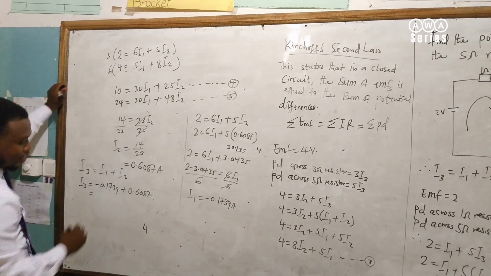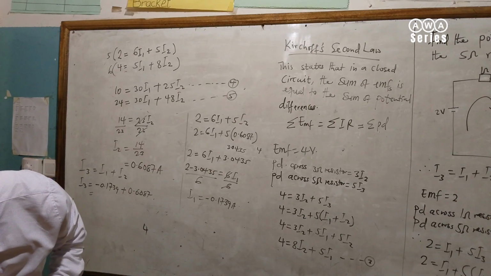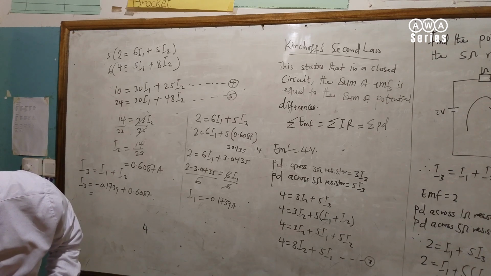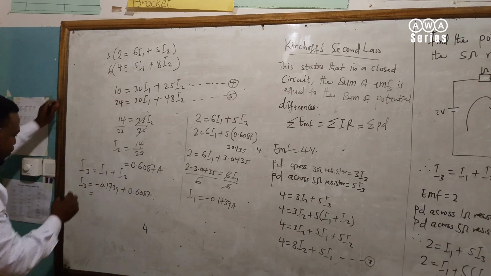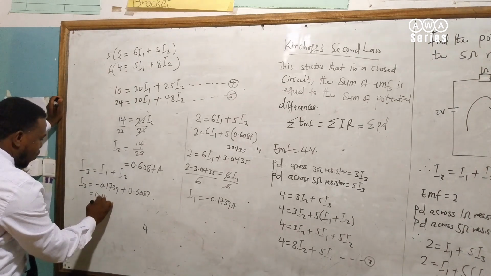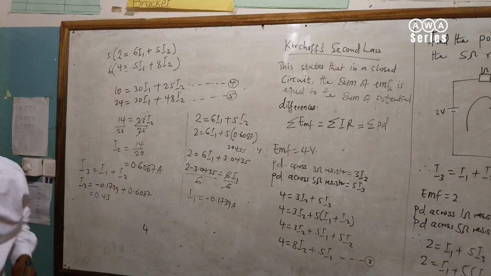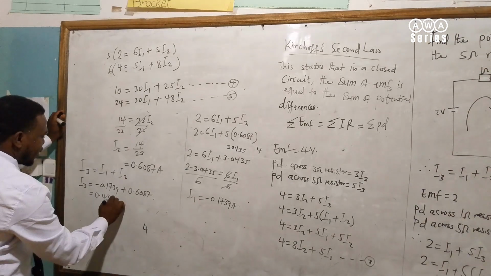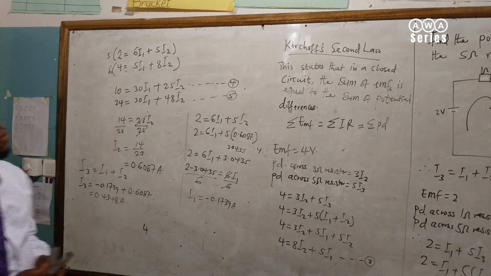And when you do this very well, then I3 should give you 0.4348 amperes.